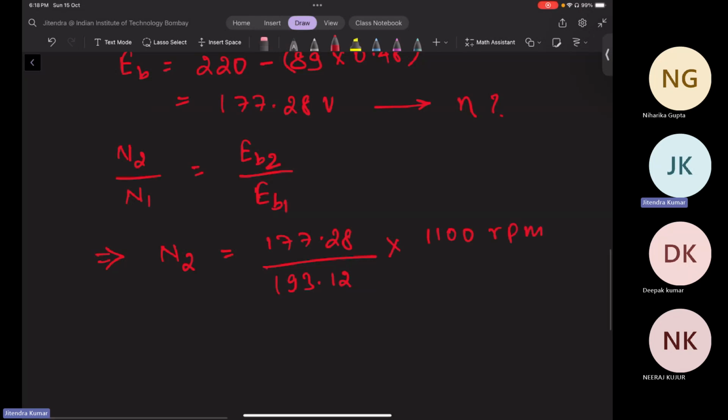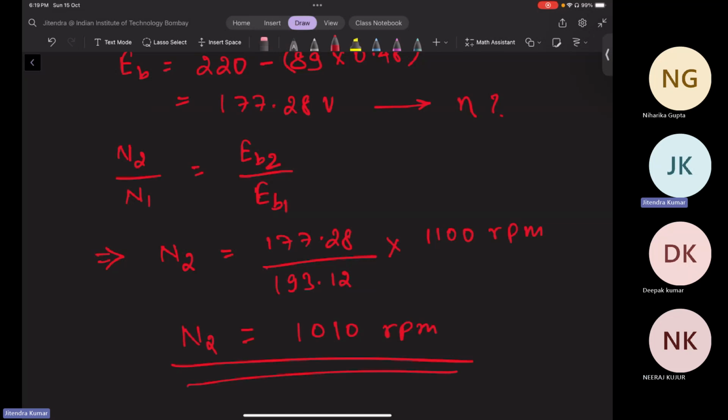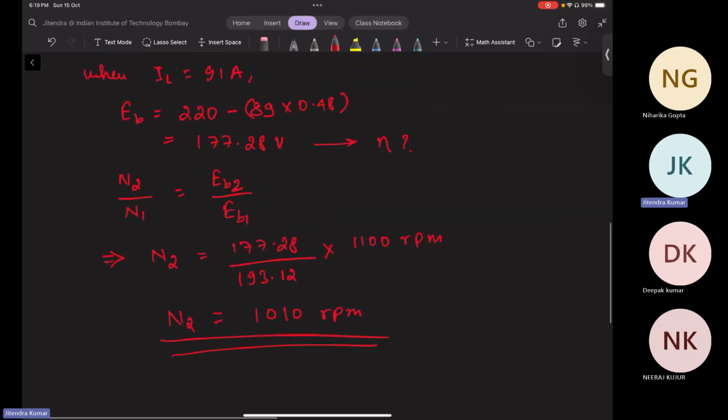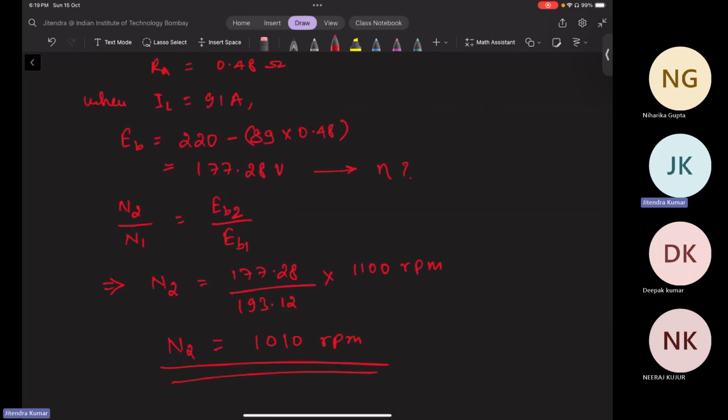So 177.28 into 1100 divided by 193.12 will be equal to 1010 RPM approximately. So this is the speed we will be having at this condition. Okay. So any final doubt in this part?